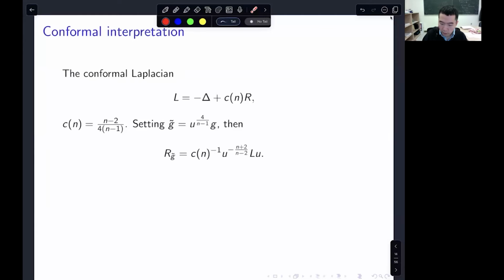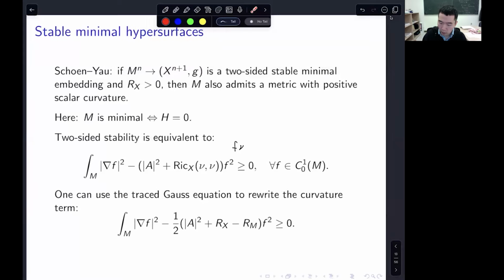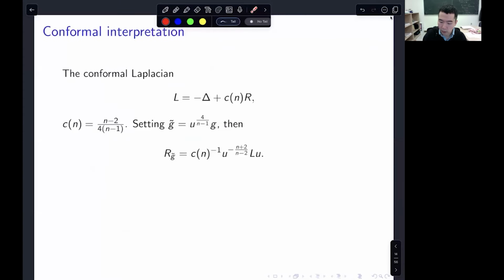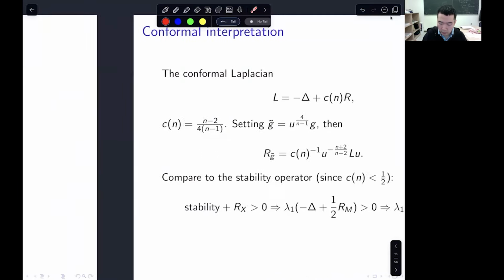Particularly if we compare this operator with the stability operator, stability again gives us an eigenvalue condition. So positivity of this eigenvalue condition gives us the positivity of the associated elliptic operator, and here that operator is sometimes called the Jacobi operator. But specifically, if we look at the stability inequality and the condition that the scalar curvature of the ambient space is positive, then let's go back real quick.